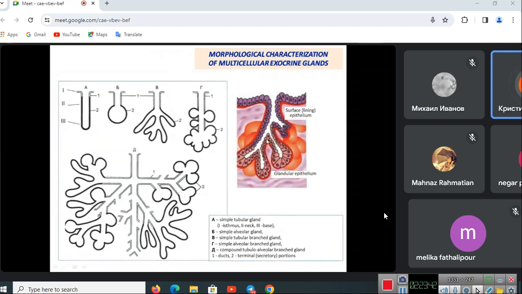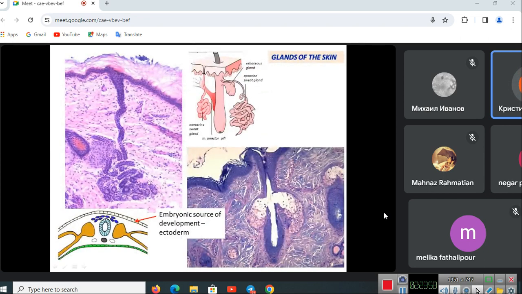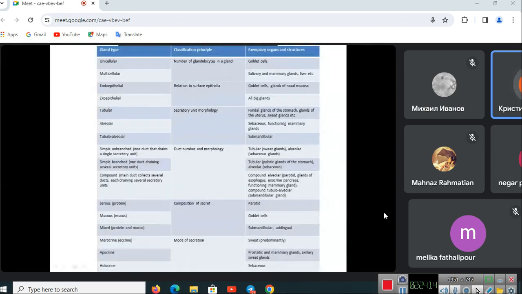But the ducts are made up with the lining type of epithelium with a smaller amount of cytoplasm, because they do not need to produce anything, they just provide the secretion from secretory portion outside. So this is why secretory portions look more pale and large than the sections of ducts.